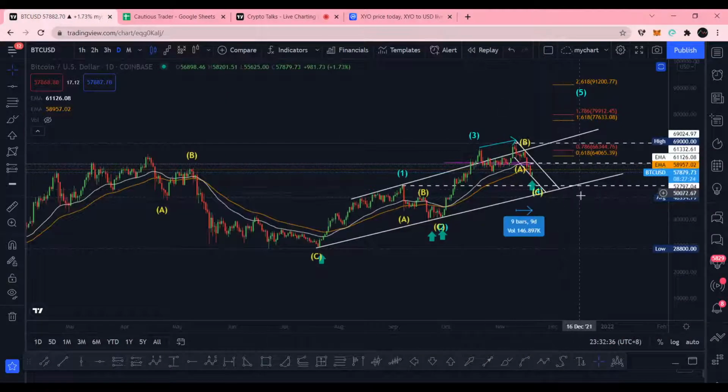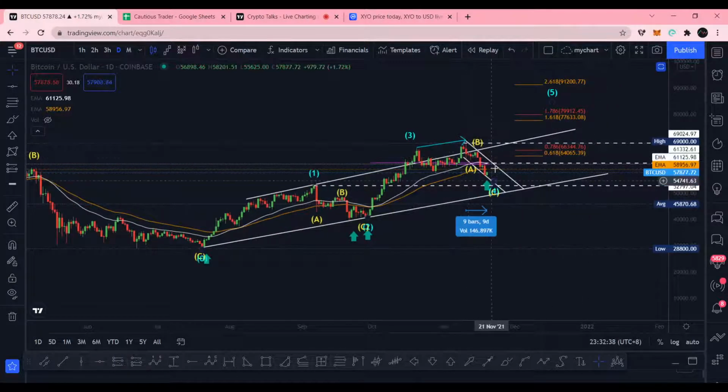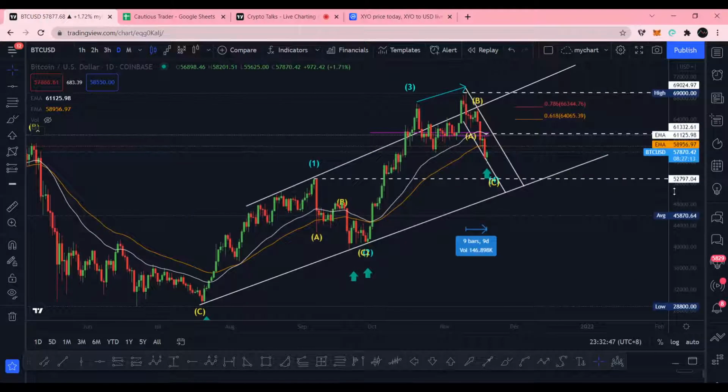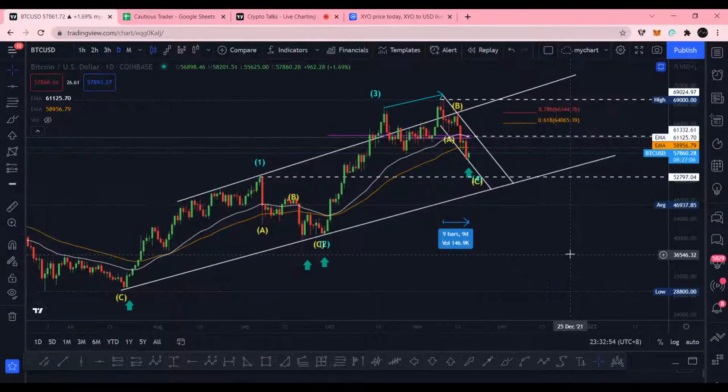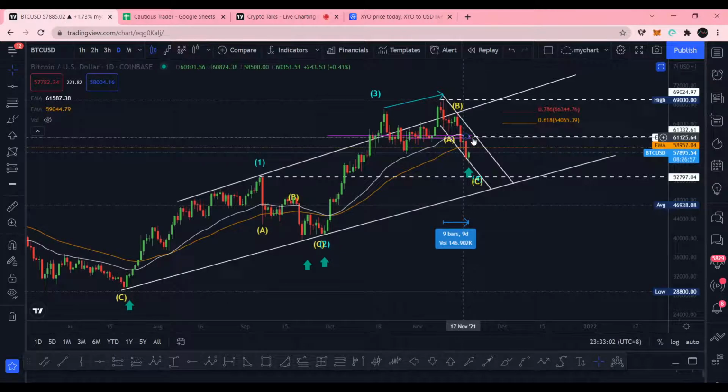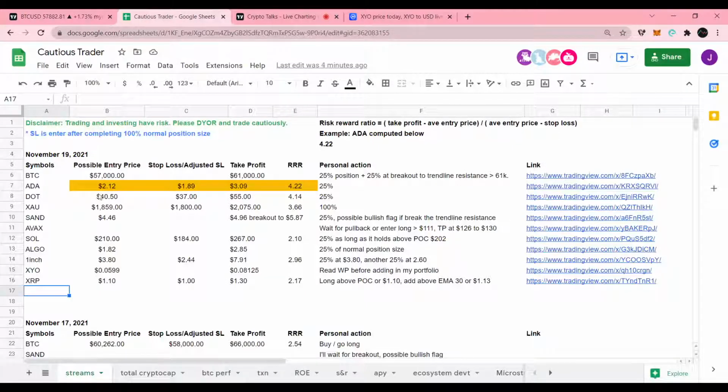There's still a possibility that it might go down for BTC because the strong support I'm looking at is the high of wave one, which is around the 52,800 area. And even the point of control is still at 61, because last time at 61 it rejected that area.